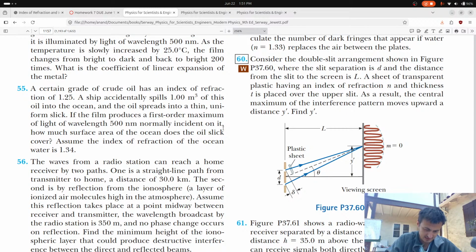Okay, D, L, P, R1, R2, theta, D or delta. And now here the extra part is this thing: N, T.